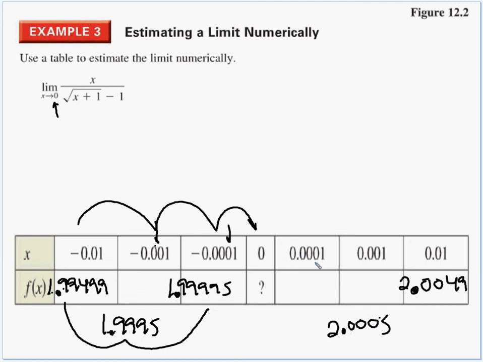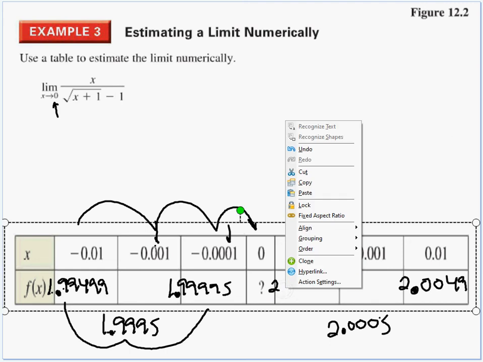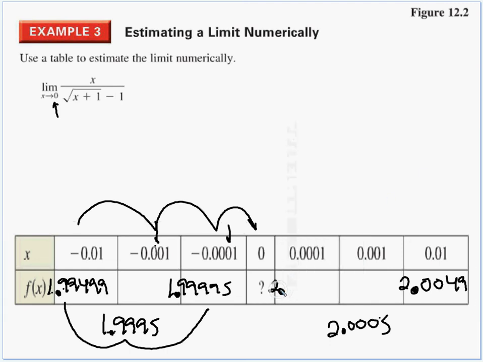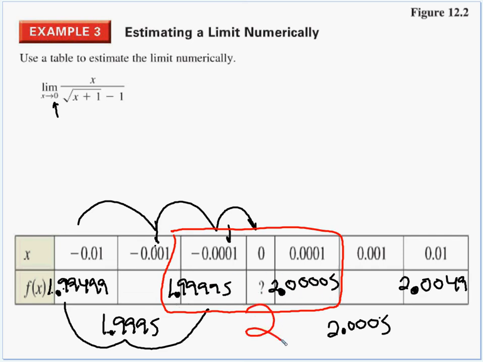And if we put in the positive 0.0001, we get 2.00005. So again, if we just focus in right here on either side of that 0, what's in between 1.99995 and 2.0005? If we round each of them off, it looks like there's going to be a 2 in there.